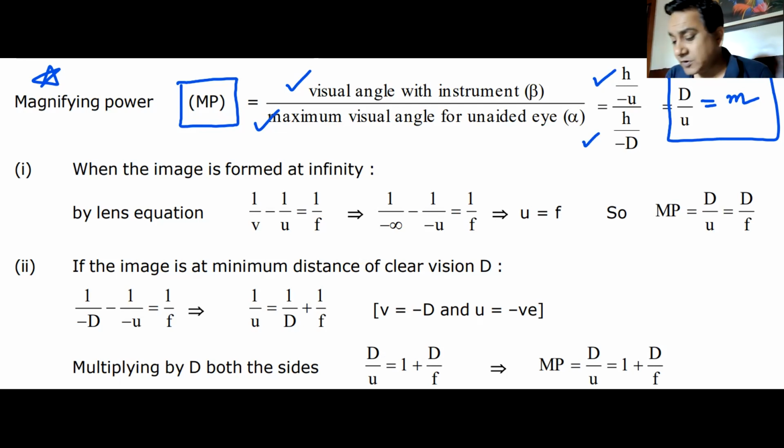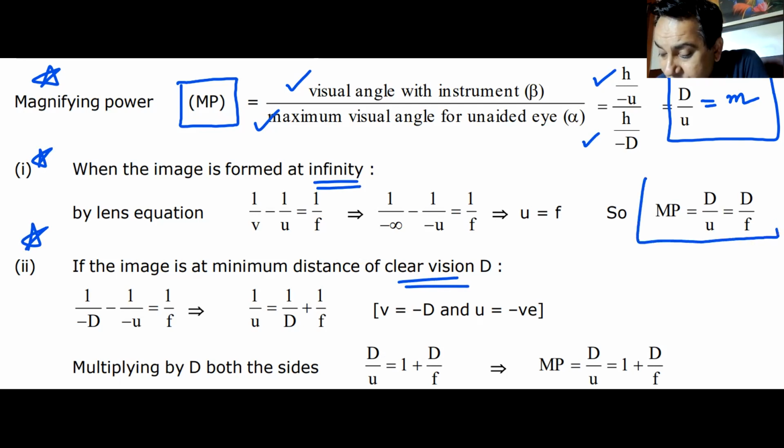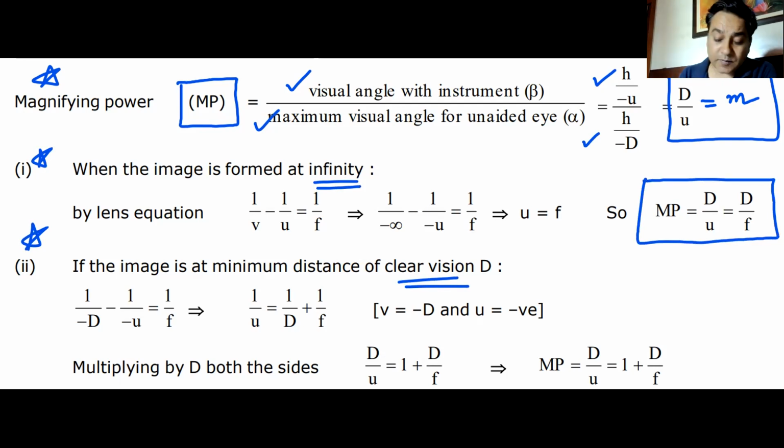Now, whenever we talk about these optical instruments, we have to consider two cases. Case number one, again I'm marking it with a star, is when the image is formed at infinity. Case number two, when the image is formed at the least distance of distinct vision, capital D. In both the cases, the magnifying power is D by U, but depending on where the object is placed, the formula changes.